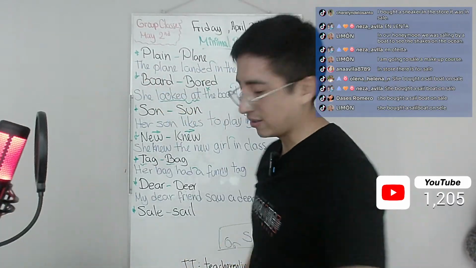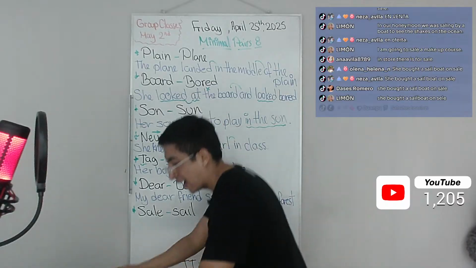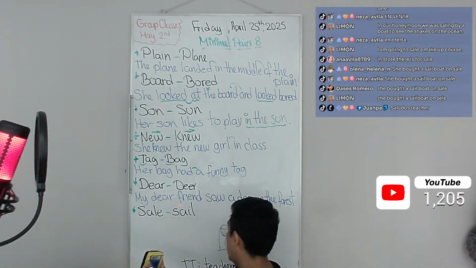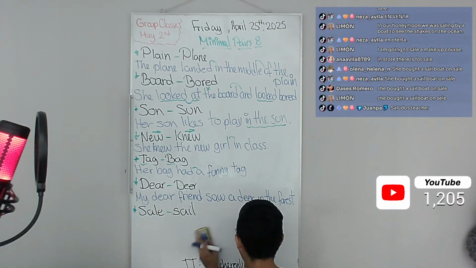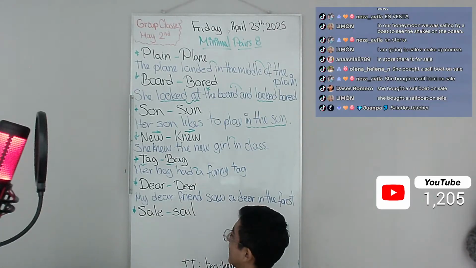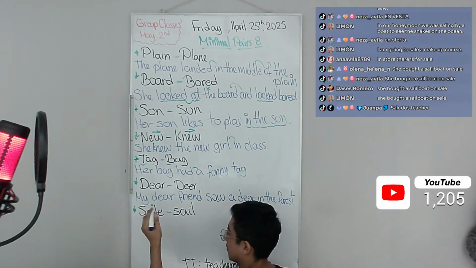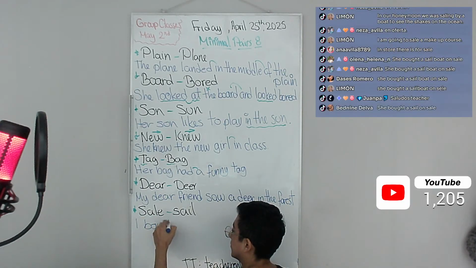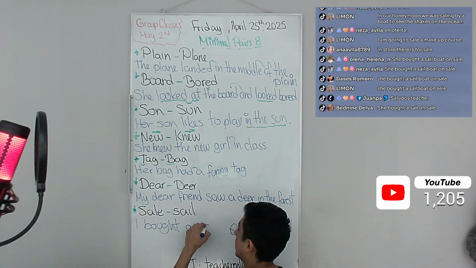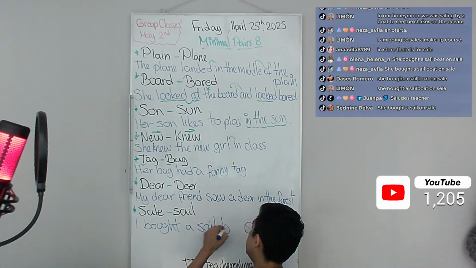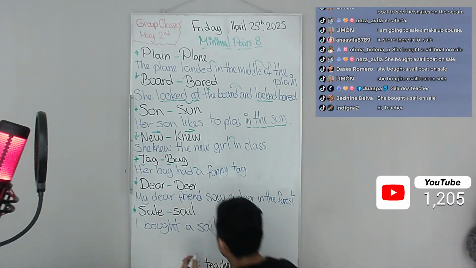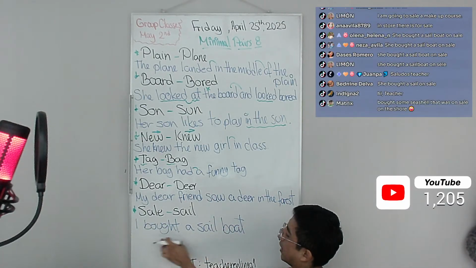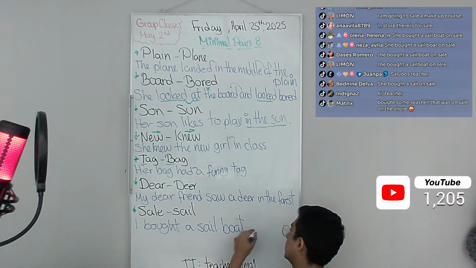Okay, great, guys. Let's write it down, the last sentence, please. I need to go because I have to have lunch, and then I have some classes in the afternoon. Okay, look, we have here, I bought a.